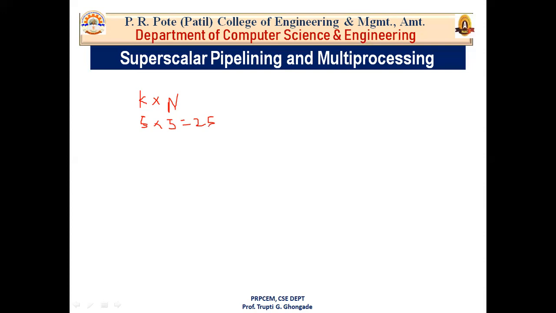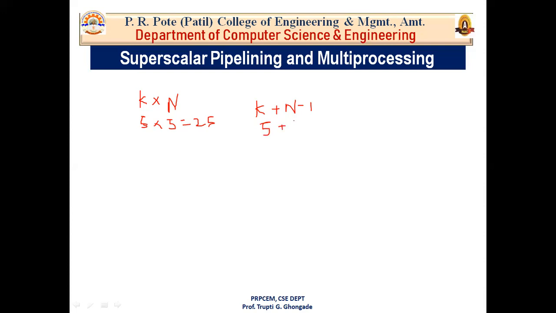And how many cycles are given by pipeline? What is the formula for pipeline? It is K plus N minus 1. How many stages are there? As it is a 5-stage pipeline, there are total 5 stages.